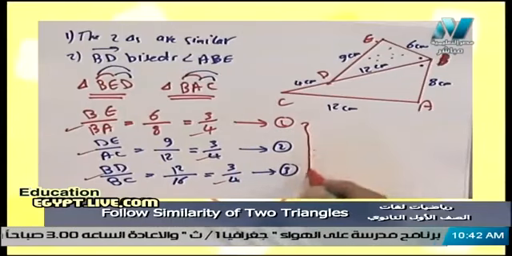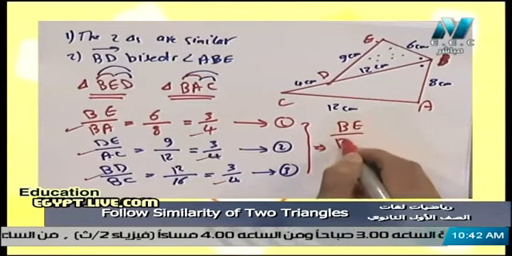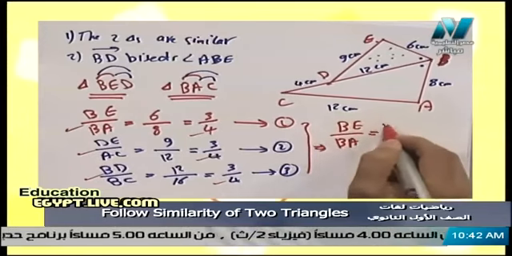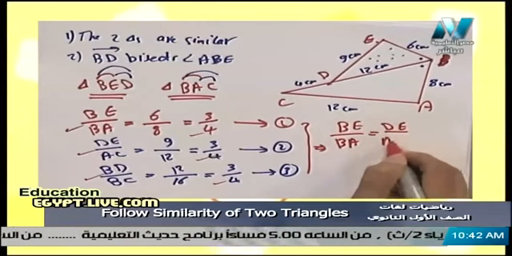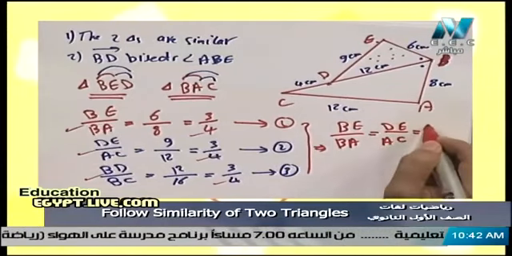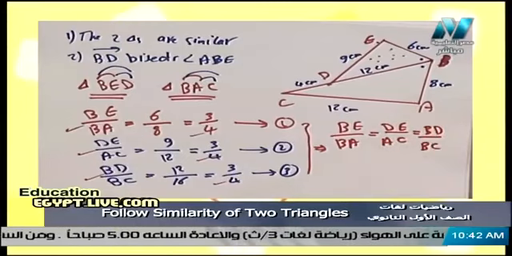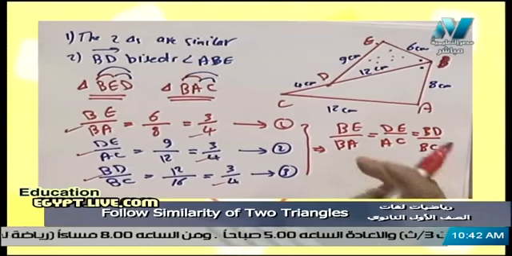So we can say that BE over BA equals DE over AC equals BD over BC.